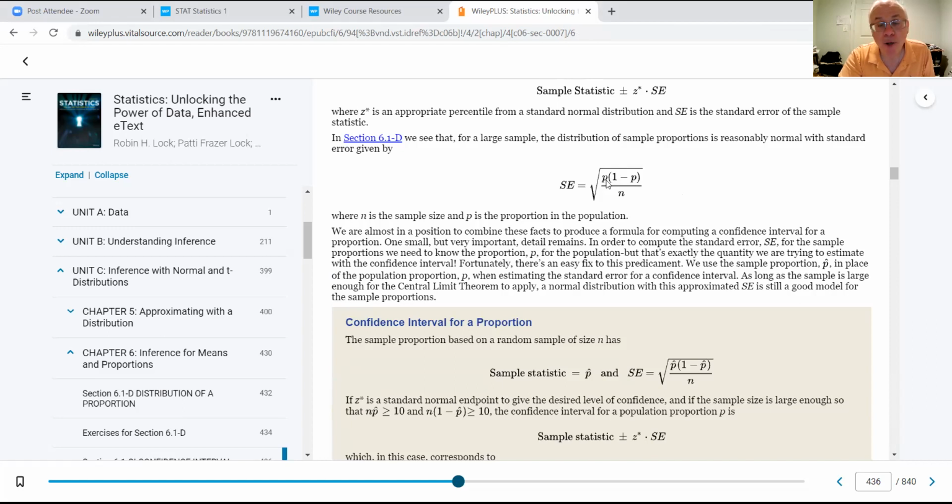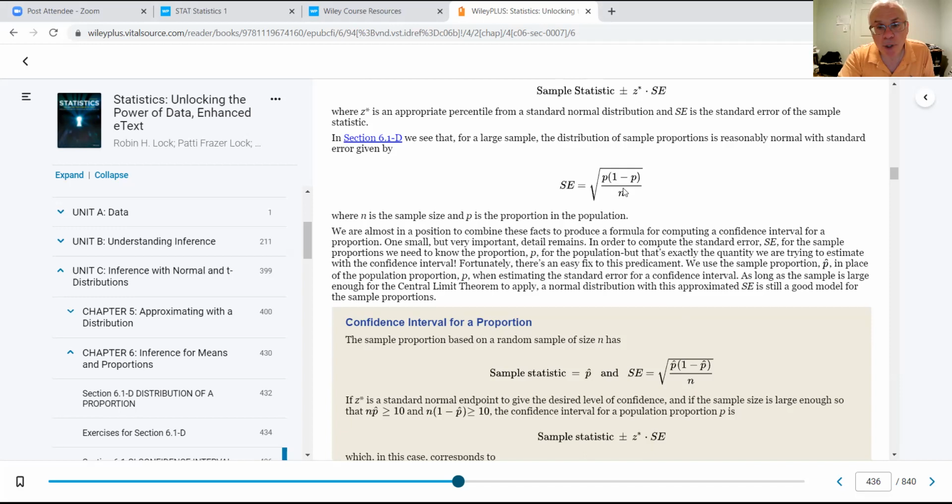However, statisticians have discovered that it is okay to replace the p with the actual sample proportion, the p hat. This is something that we've gone over before. That p hat is our sample proportion for the sample that we've got, and p hat is our point estimate for our population proportion p.